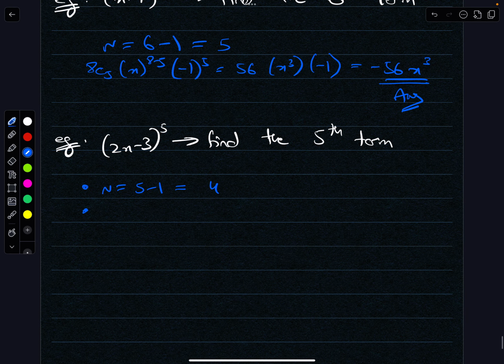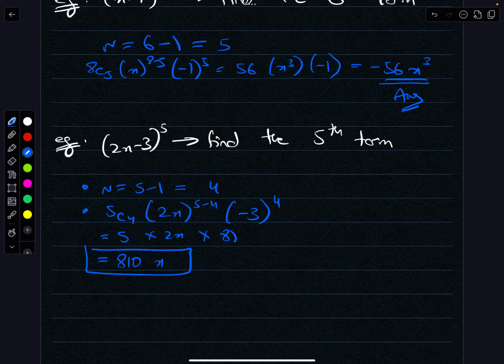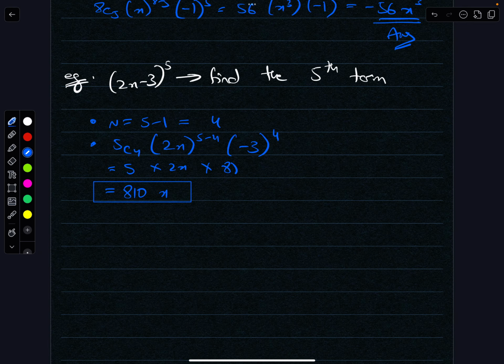Then I have to find the fifth term. I'll expand something like this. I have the value of r. So 5 minus 4 for the first term. And then for minus 3 I have 4. So it turns out to be 5 into 2x into 81. And the fifth term turns out to be 810x.